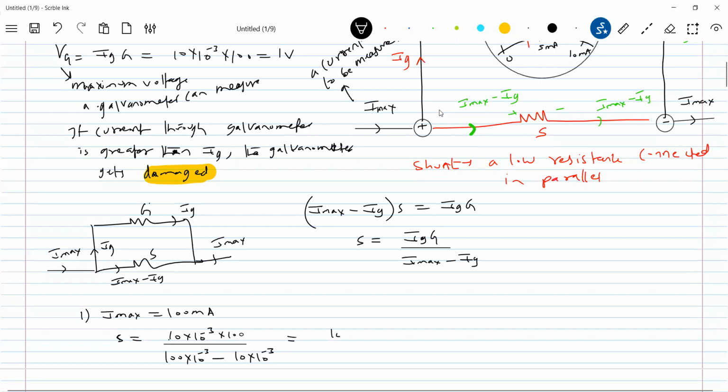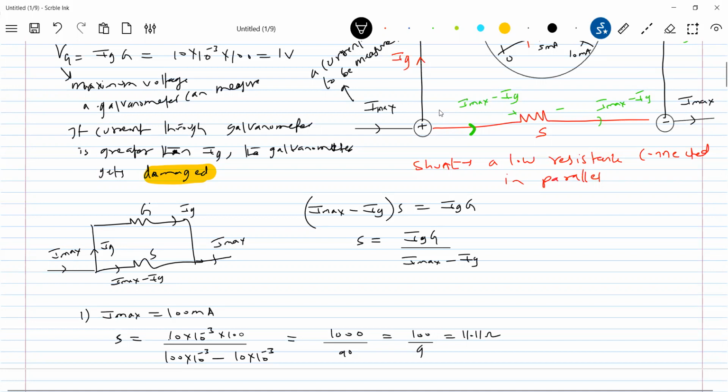So this should be 1000 divided by 90. This will be 100 by 9, that is 11.11 ohm. So this will be the value of the resistance which I should connect here.